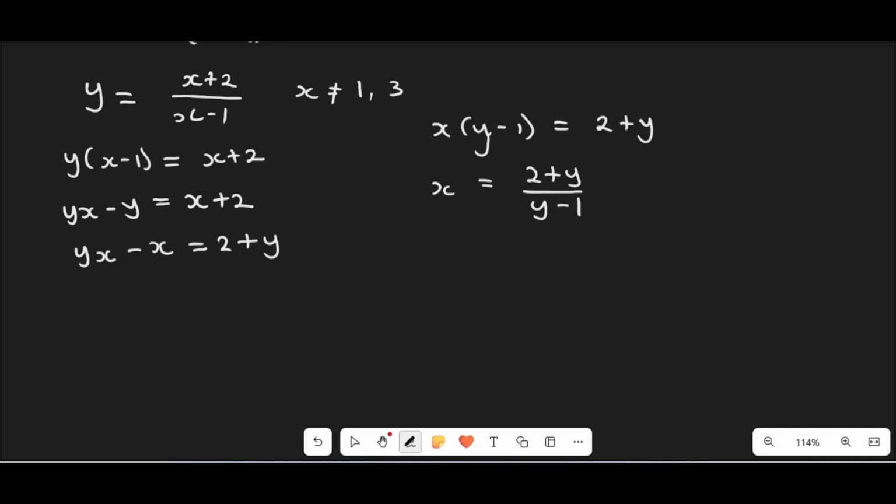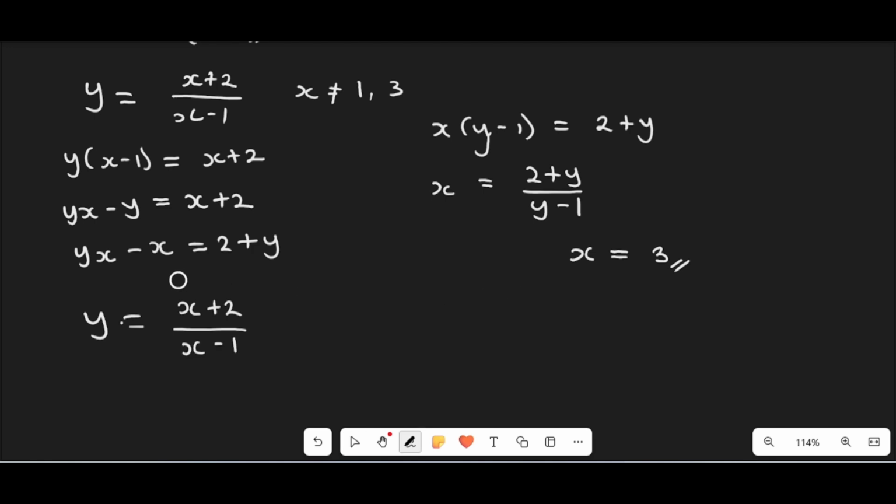And also at x equal to 3, there is a hole in the equation. So let us use this simplified form to find the corresponding value of y at that point. y equal to x plus 2 all over x minus 1.